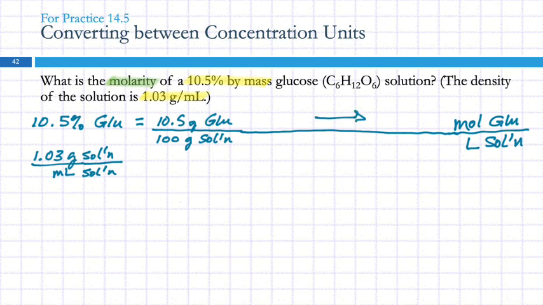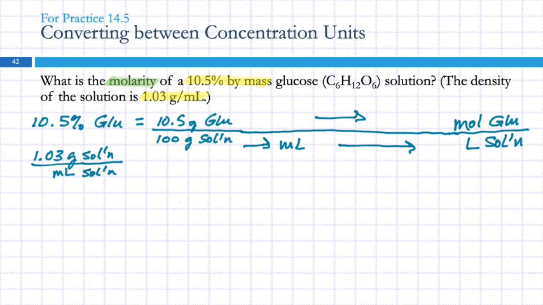They gave us the formula, easy peasy. Grams of solution to liters of solution. Well, why did they give us this density? We're supposed to use it, right? We can go from grams to milliliters using the density, and then we can go from milliliters to liters because we understand metric units.